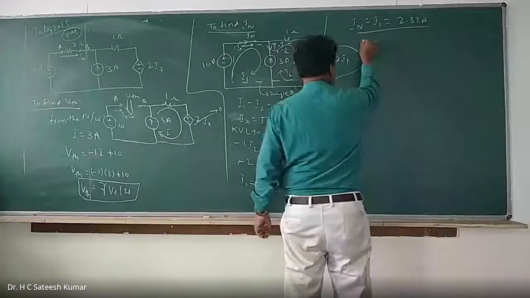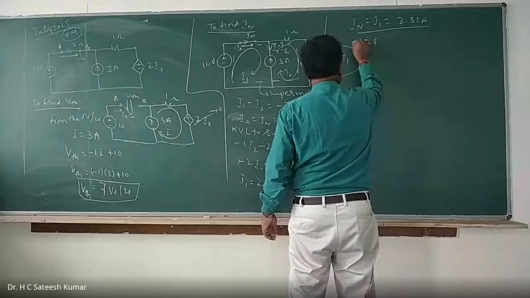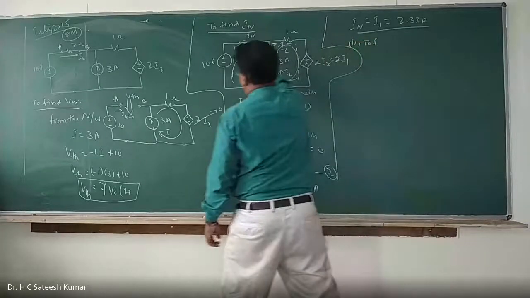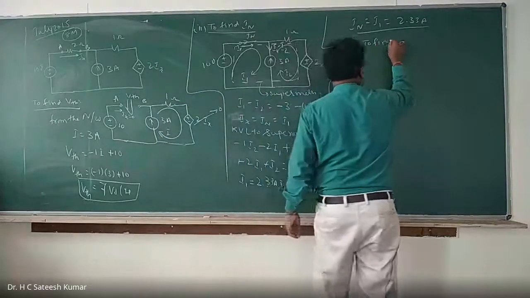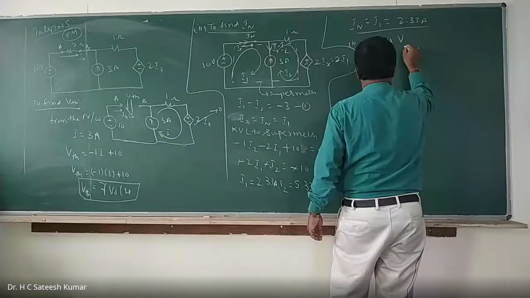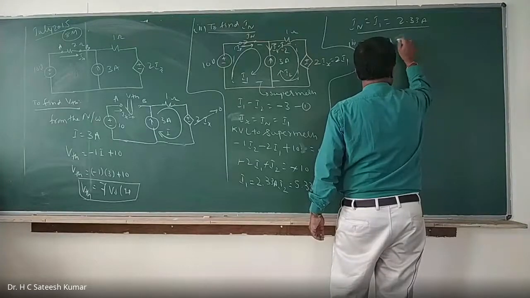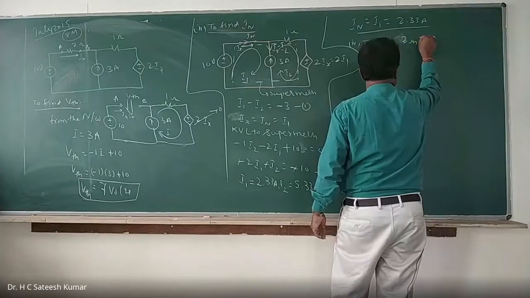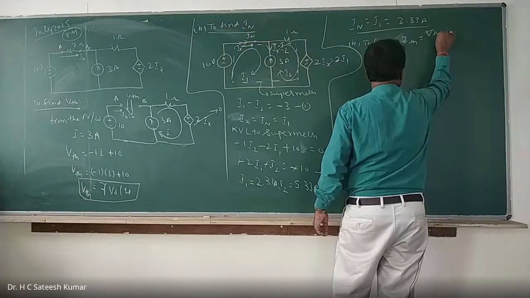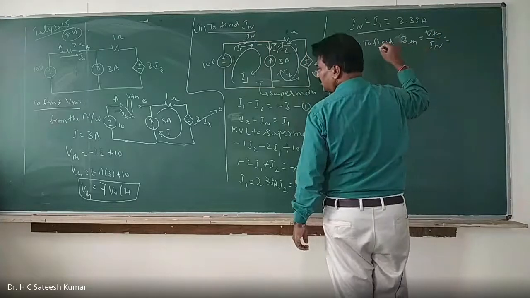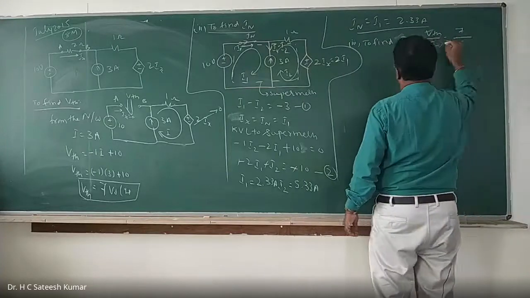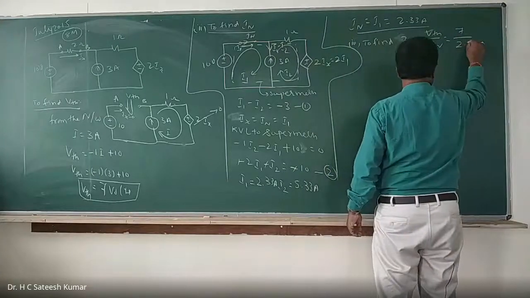Okay, right. Next, the third step is to find ZTH, which is equal to VTH divided by I Norton, which is 7 divided by 2.33.